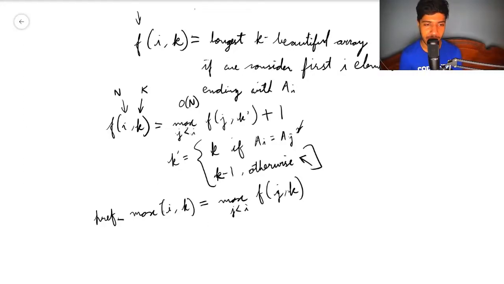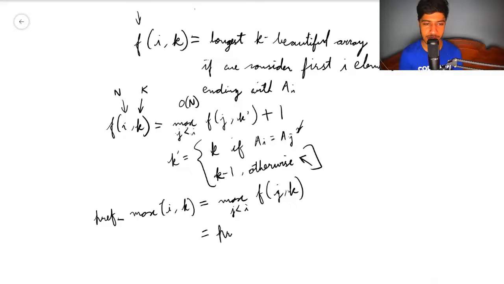So pref max i, k, I will come to what I just said again. If you did not understand what I just said, we'll come back to it. So pref max i, k is the maximum till i. k is constant. So what is this?